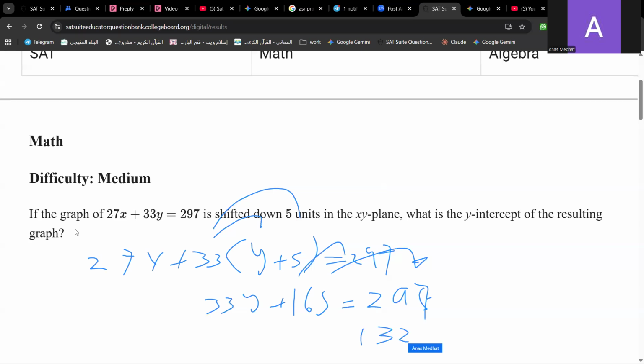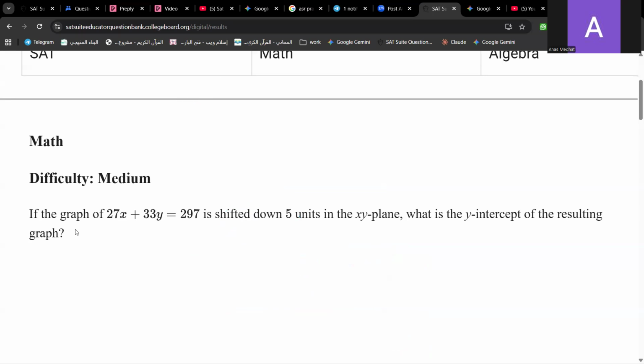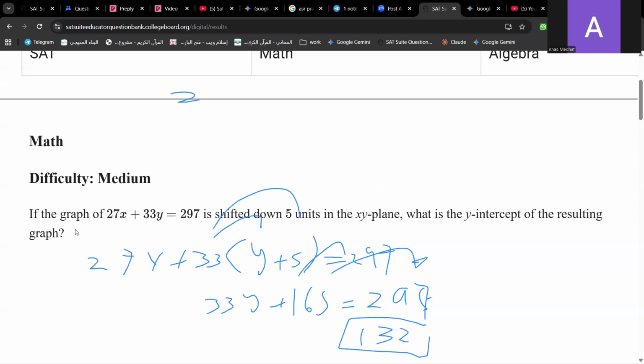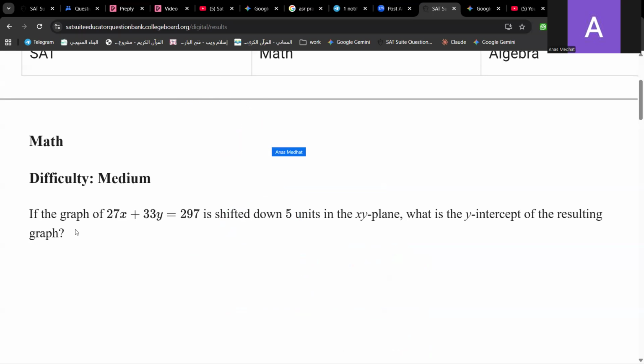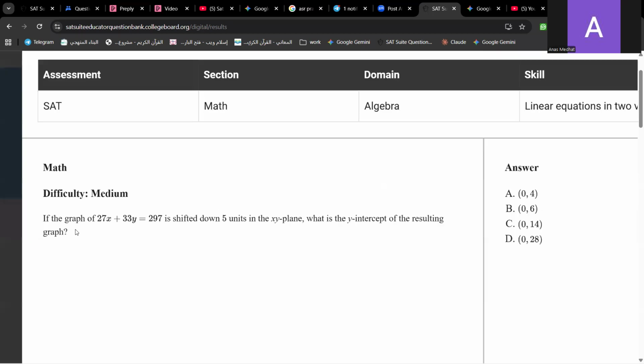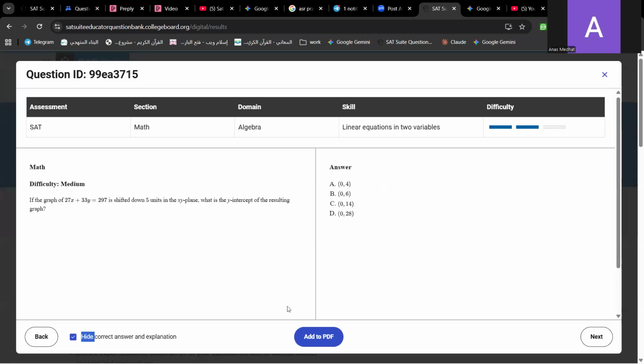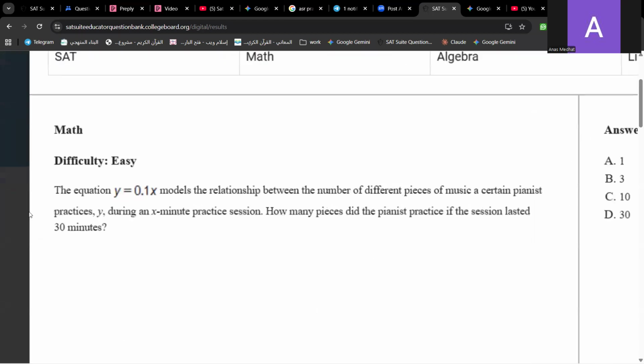So the new intercept should be, wait 1 second, and let's continue solving. Shift 27x to the other side. Yes. Then divide by 33. Divide by 33, you get 4. So the new y-intercept should be 4. Answer is A.